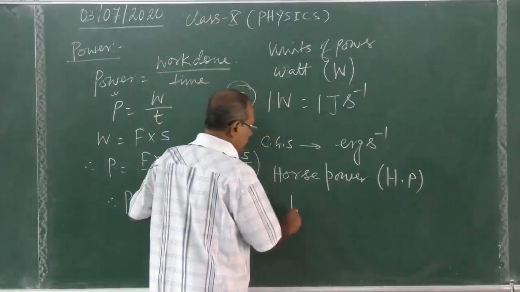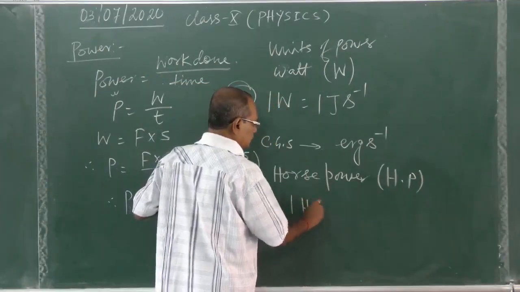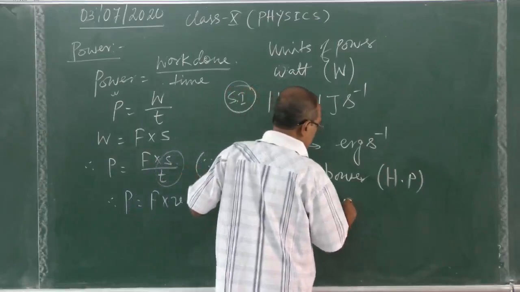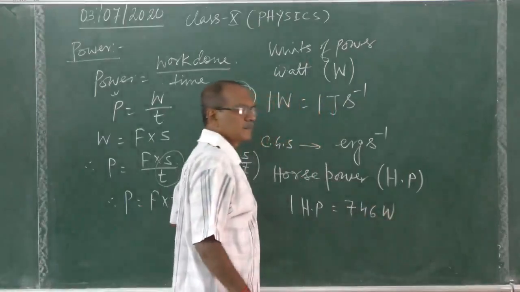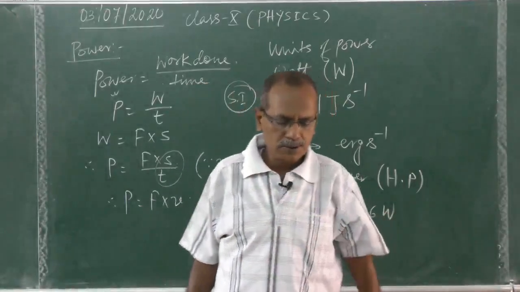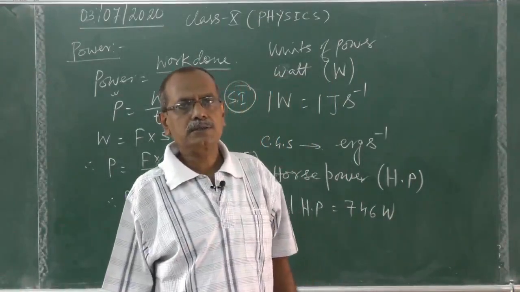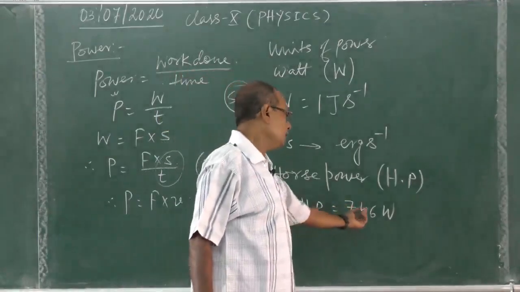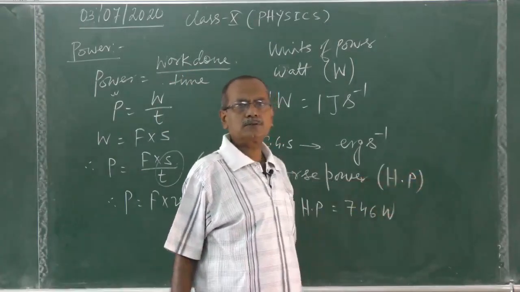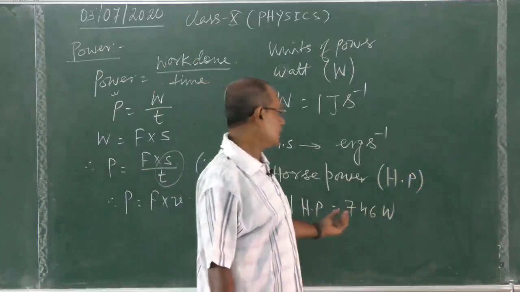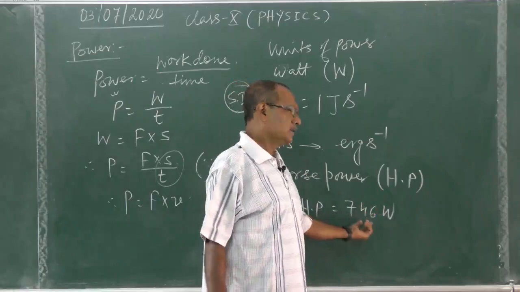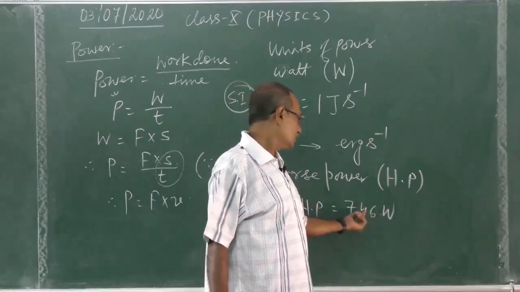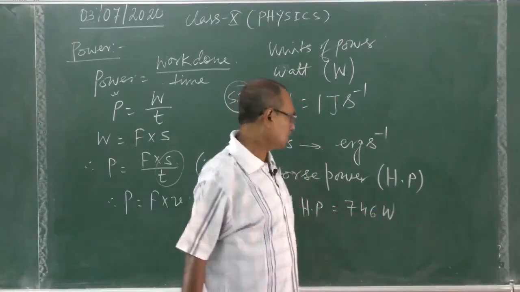So 1 horsepower is equal to 746 watt. Its value may vary from 746 to 750. Sometimes it is taken 750 also, but actual value generally it is equal to 746.